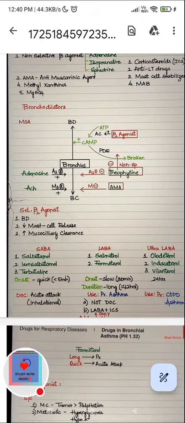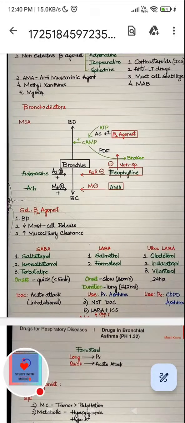Talking about adrenaline, a non-selective sympathomimetic. It produces prompt and powerful bronchodilation by acting through beta 2 adrenergic receptors. Its use has declined because of its dangerous cardiac side effects. So when the patient is having an acute bronchial attack, some patients can be given adrenaline, but adrenaline should be given only when the patient's heart is in bradycardia and so on.